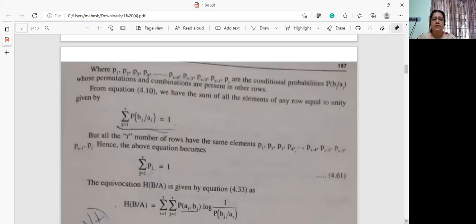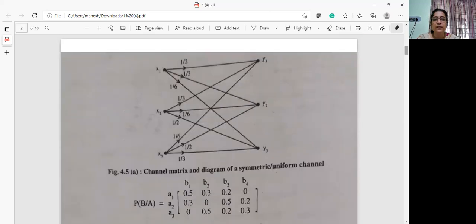Now let us have an expression for the channel capacity of a uniform symmetric channel. From the conditional probability matrix, we can say that the summation of the first row, summation of j equal to 1 to s of P(bj/ai), is equal to 1. If you look at the channel diagram, here x1 is the source emitting 3 different symbols. So the total probability of all these symbols should be equal to 1, because one symbol has to be emitted by the source.